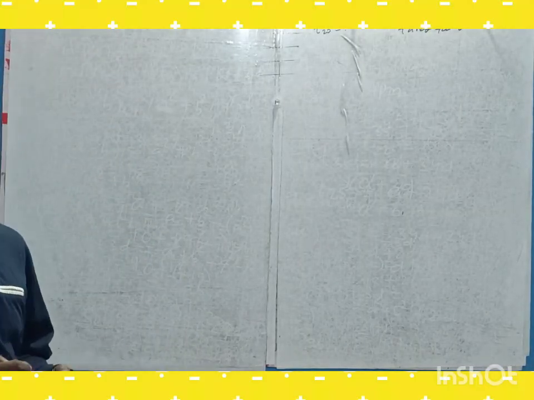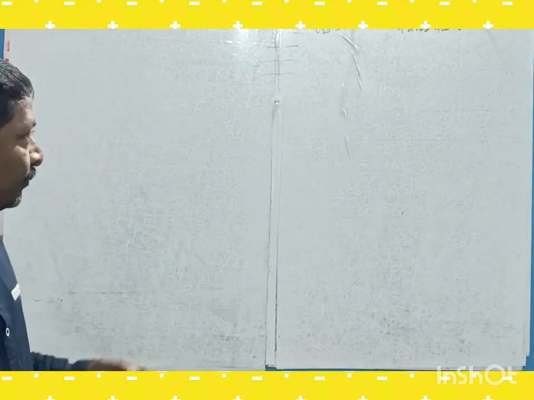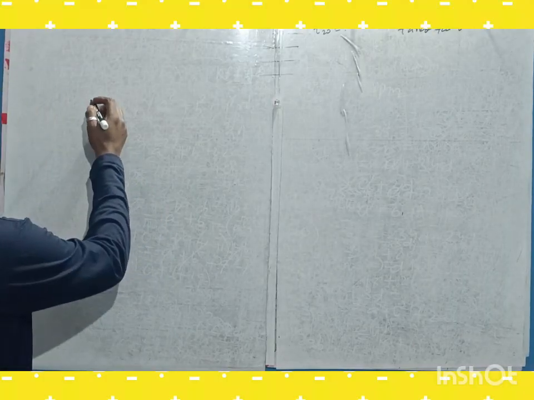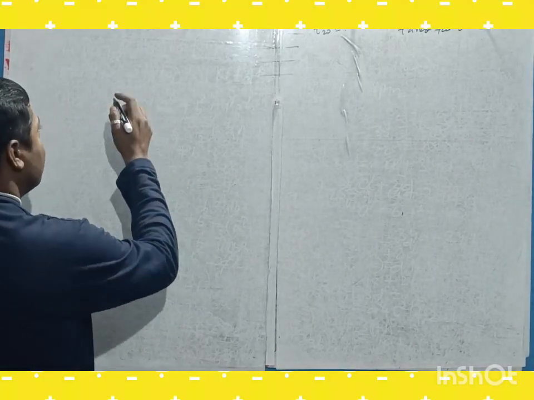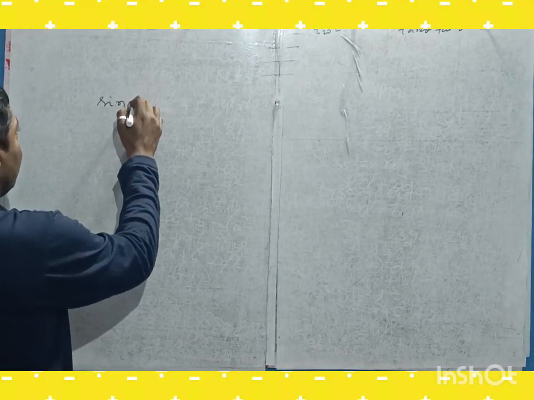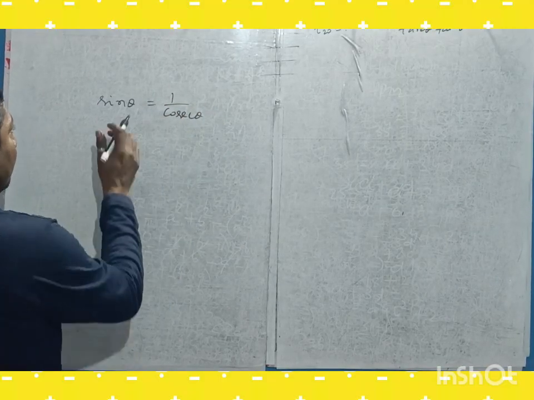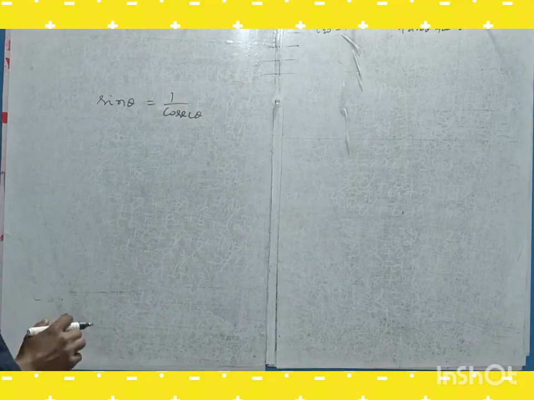You know all the trigonometric ratios: sin theta, cos theta, tan theta, cot theta, sec theta, and cosec theta. So let's revise once again. Sin theta equals 1 by cosec theta, and cosec theta is 1 by sin theta.